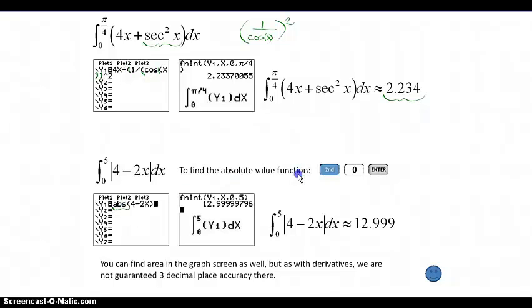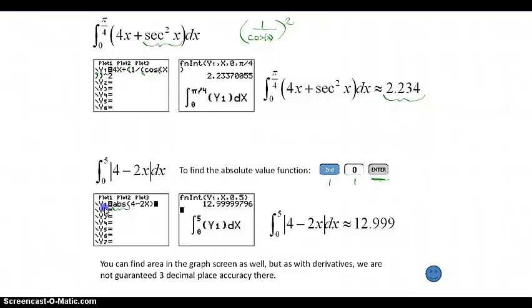And the absolute value, if you hit second and 0 and enter, it will bring up the catalog. And the very first thing in the catalog is the absolute value function. So the second brings it up, the 0 brings up the catalog, and then enter will actually select absolute value.